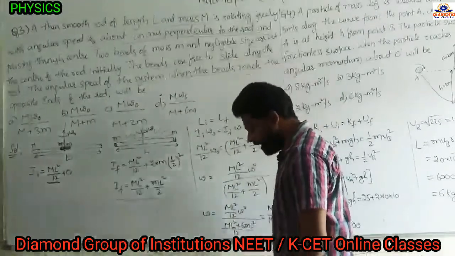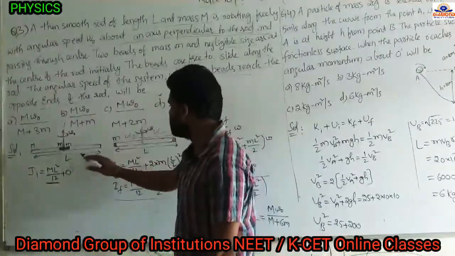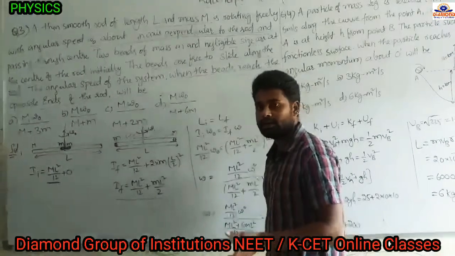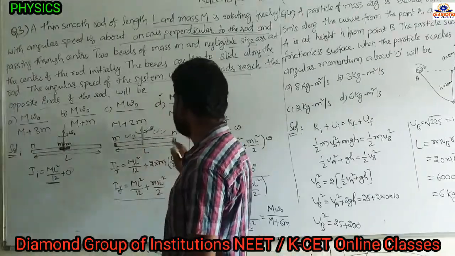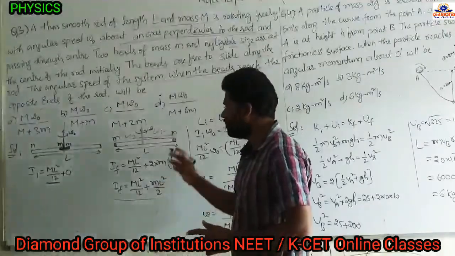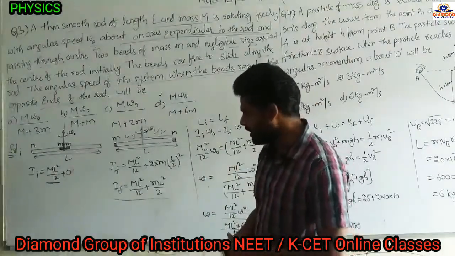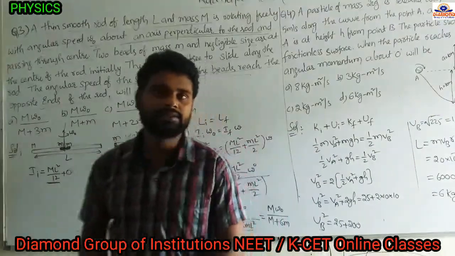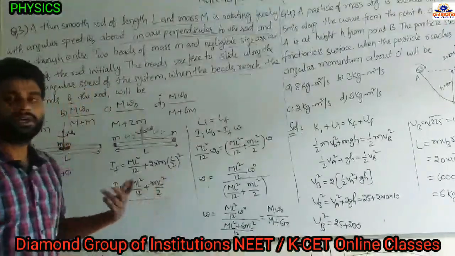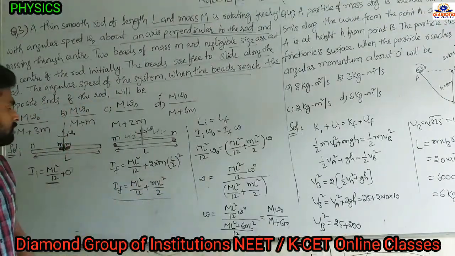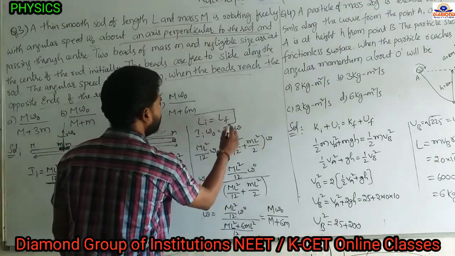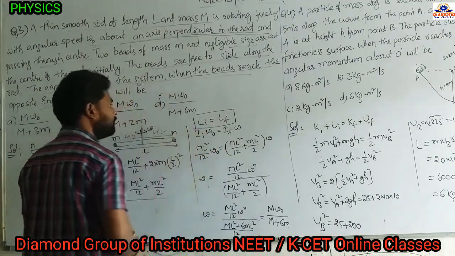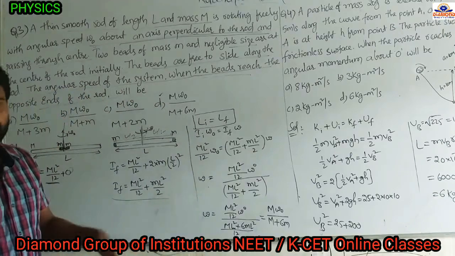Now in this case, no external torque is acting. The beads freely slide and reach the opposite ends of the rod, but no external torque is acting. If external torque is not acting, the angular momentum is conserved, since it is rotational motion. From conservation of angular momentum, the initial angular momentum equals the final angular momentum.